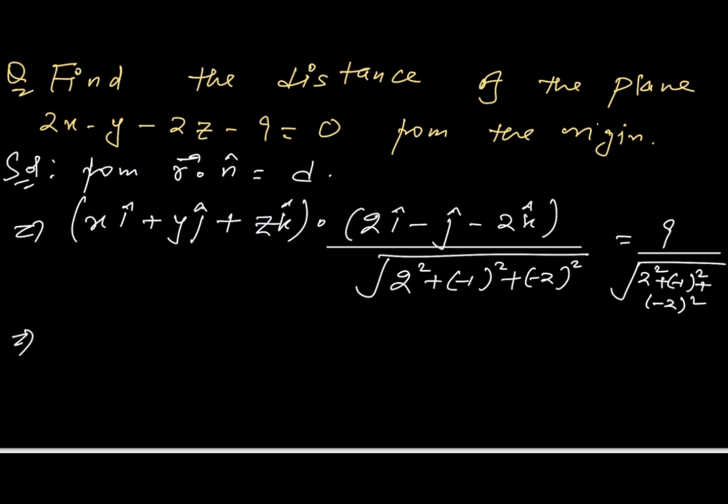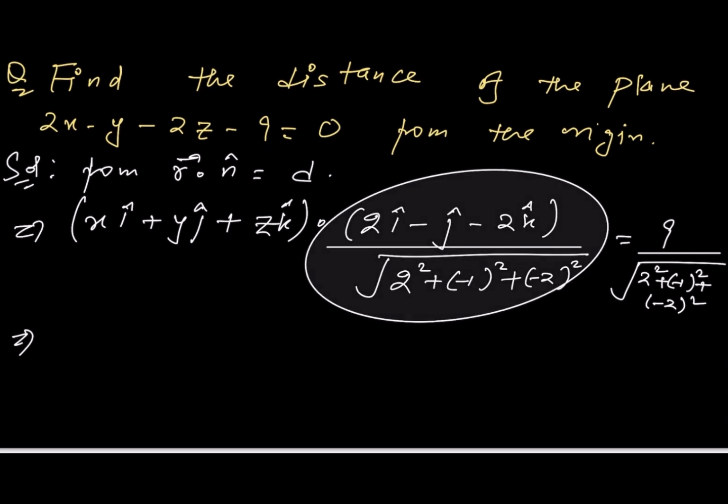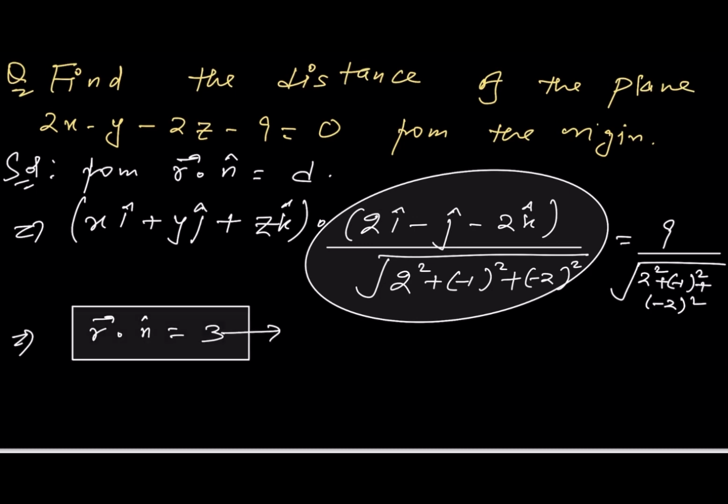In fact, this will become n cap. So in the RHS, it is the distance from origin. So this is r dot n cap is equal to 9 upon 3, which is 3. So this is d.